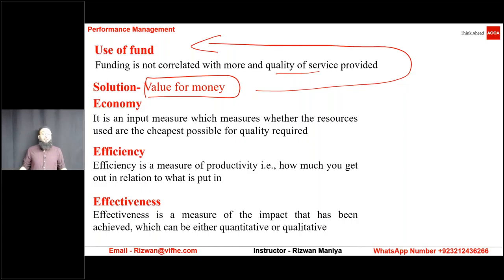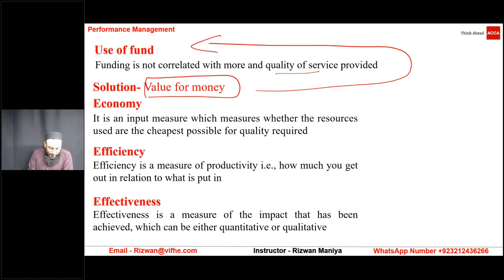So listen, my friends, if a question comes on a not-for-profit organization and you're required to assess the performance of that organization, you can assess the performance through economy, efficiency, and effectiveness. Now let's take each one by one.